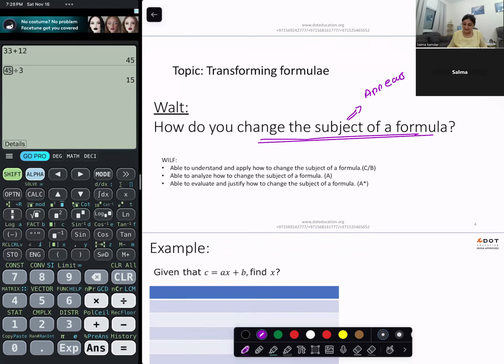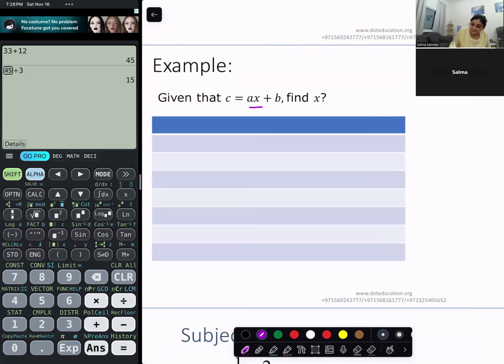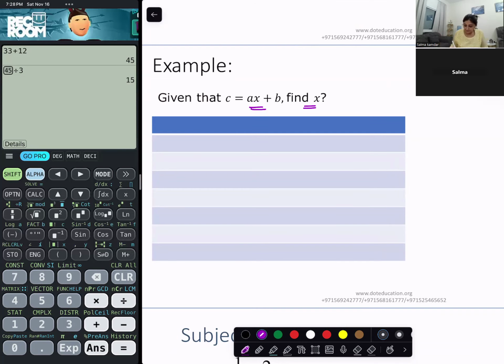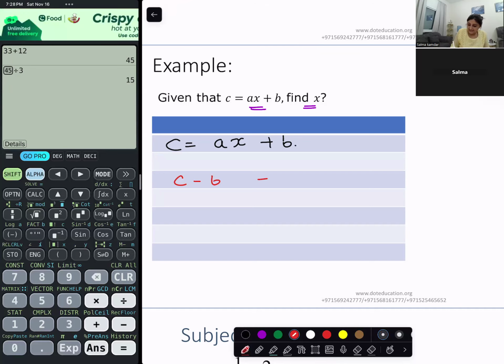Now, if you're given that C is equal to AX plus B, find X. How would you do that? That means they want X to be the subject. What will you do? You will first put minus B on both the sides.